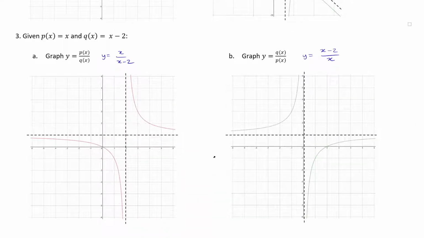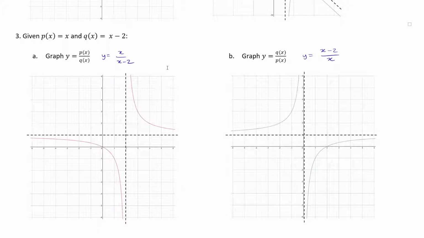The final graph that we have is x over x minus 2. So the first thing again that I'm going to do is look at my denominator and see that I have a value for x that would cause this to be undefined. That's 2. So I have to draw a vertical asymptote at x is equal to 2. I also have a horizontal asymptote at y is equal to 1.